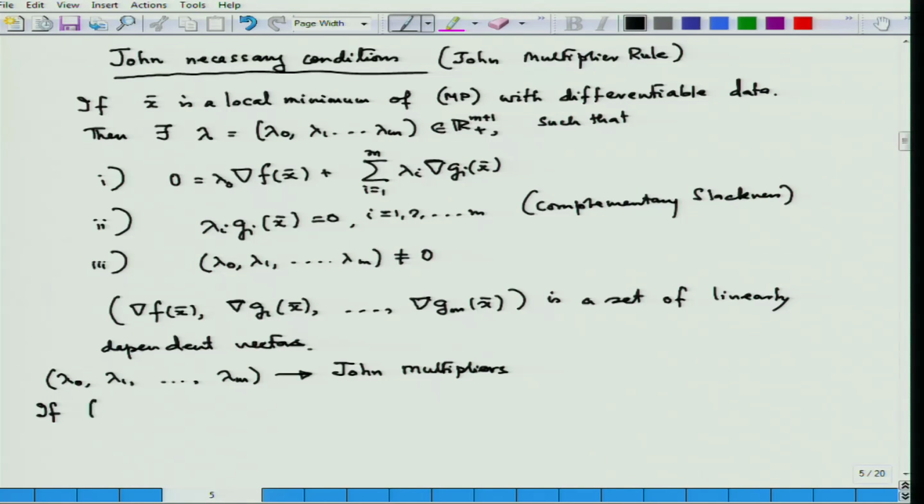If lambda naught is strictly greater than 0, or we just say lambda naught is 1, because if lambda naught is greater than 0 we can divide by lambda naught and the same story remains, then we say that we have a normal multiplier, that is the good case.